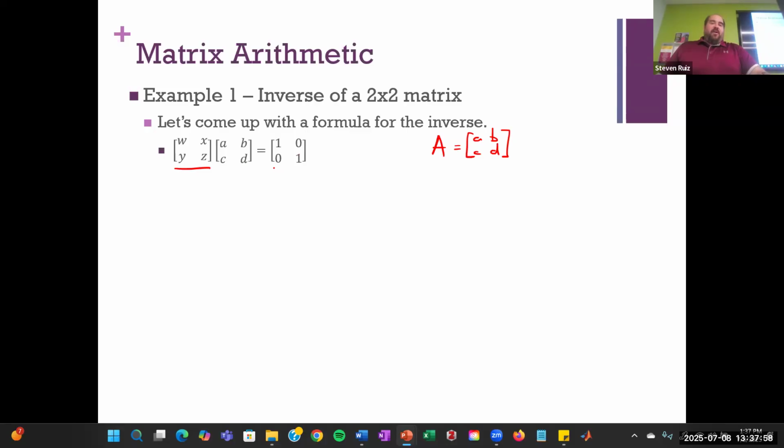By setting that product equal to the identity, I should be able to invert any 2 by 2 matrix. So what's this product here going to be on the left if I multiply these two matrices together?